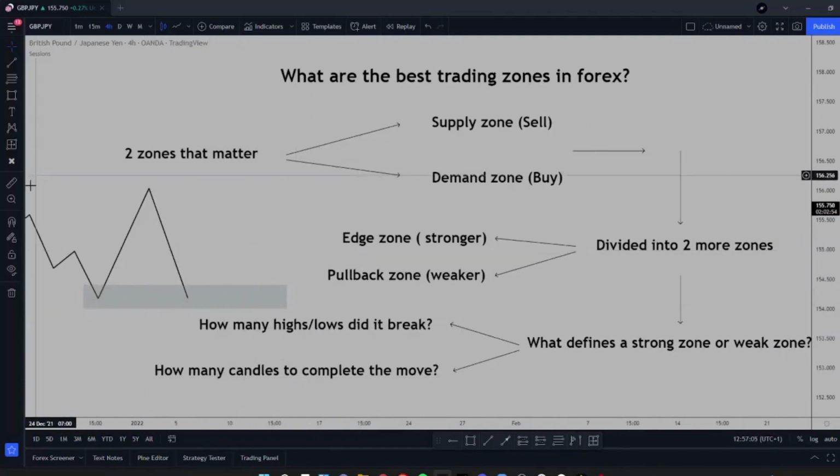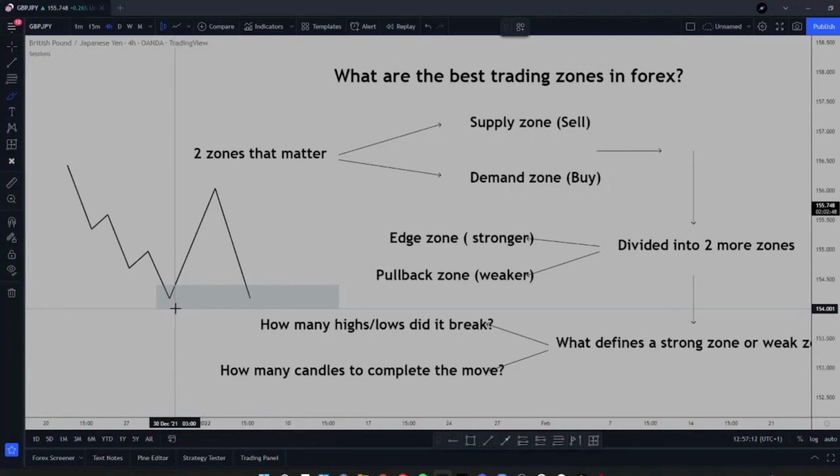The second question is, how many candles did it take to do the full move? Let me just try and draw this like this. Was it 8 candles, or was it maybe 3 candles? 1, 2, 3.